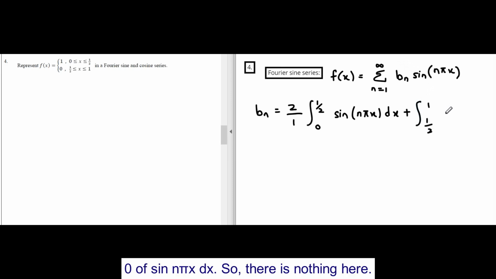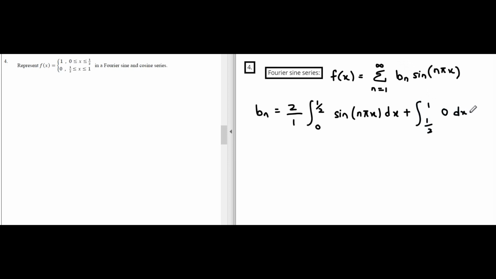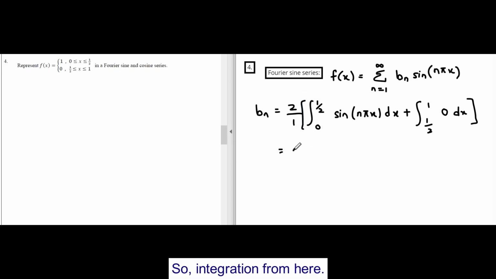Zero of sine n pi x dx. So there is nothing here. So integration from here.